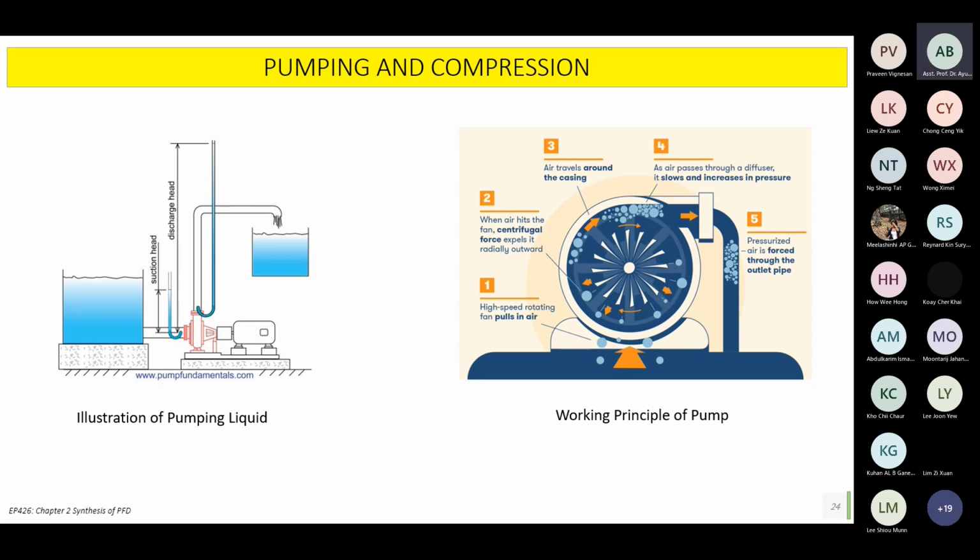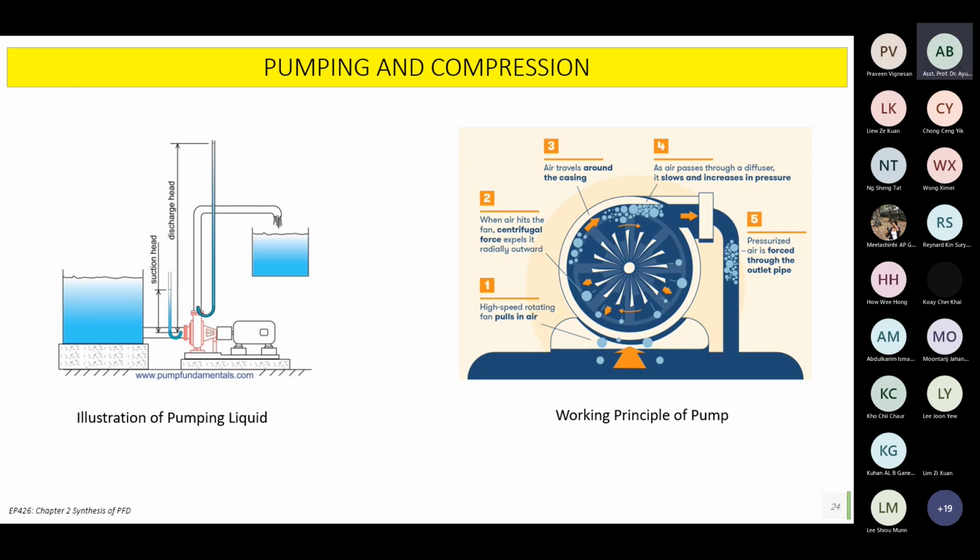Okay, in what condition do you use a compressor? It depends on your process. If your process is, let's say, highly volatile, you will need a very low temperature to condense it. Then you might consider using a compressor instead.